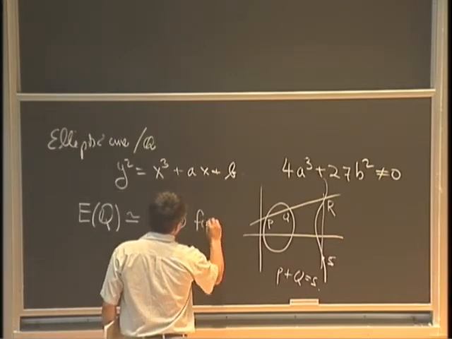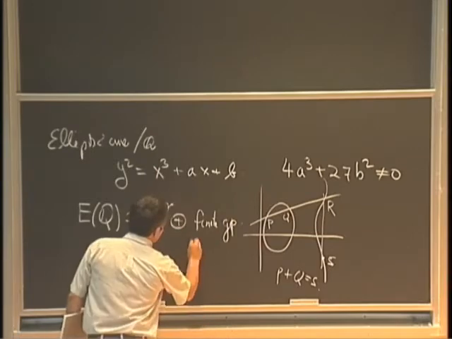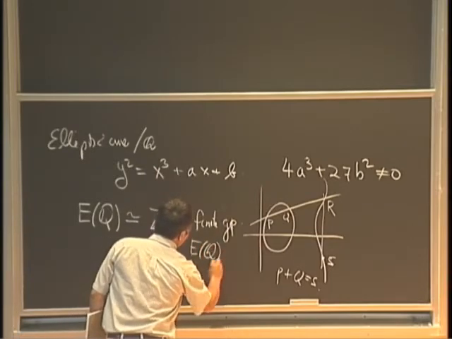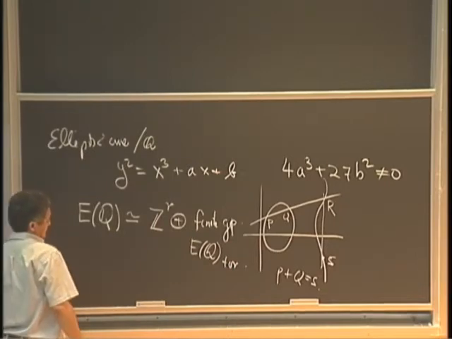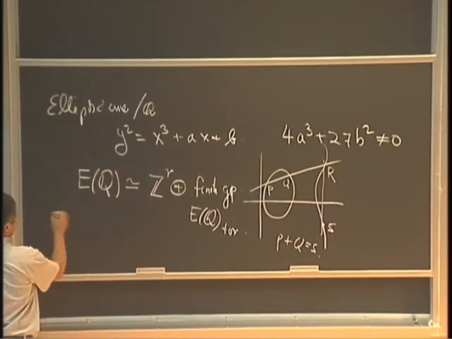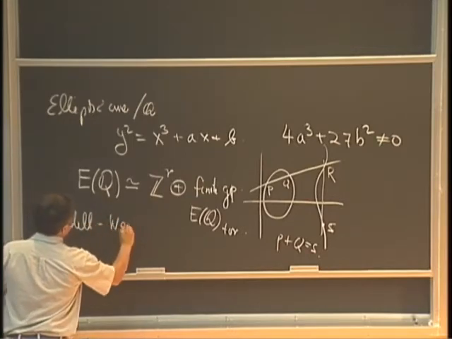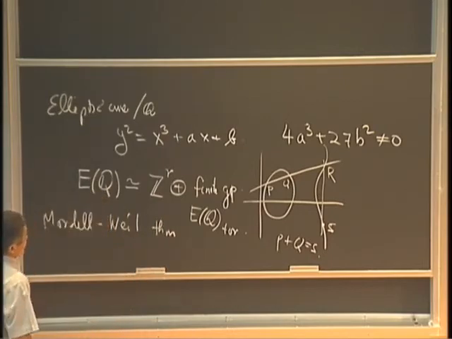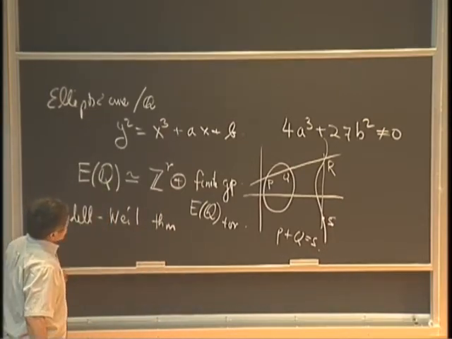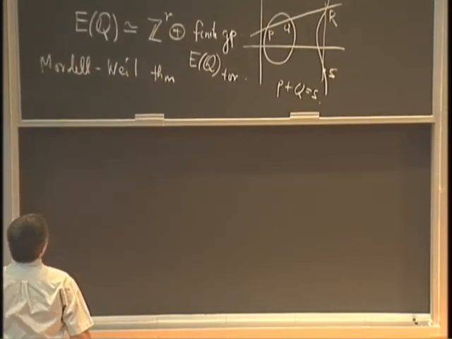Finite group. So write E(Q) over torsion. This is the Mordell-Weil theorem, and over the rational numbers it is actually completely due to Mordell.